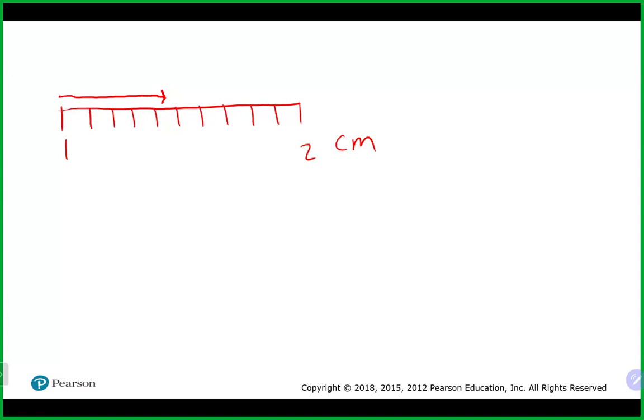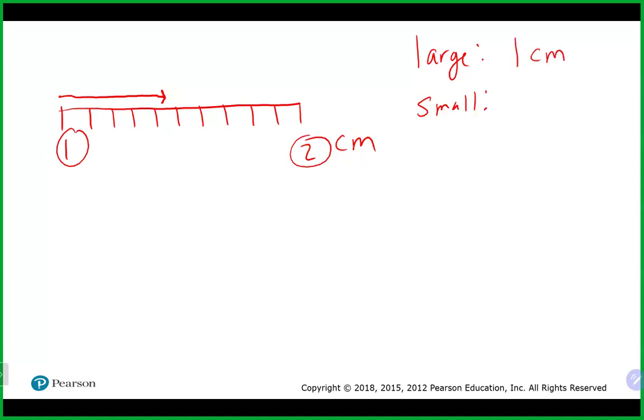But typically speaking, when you take a measurement, you always want to look at the markings on the piece of equipment that you're using. There are really two types of markings: a large marking and what I call small markings. The large markings typically have numbers, as we see here, and that is 1 centimeter and 2 centimeters. The difference between 1 and 2 is 1 centimeter, right?